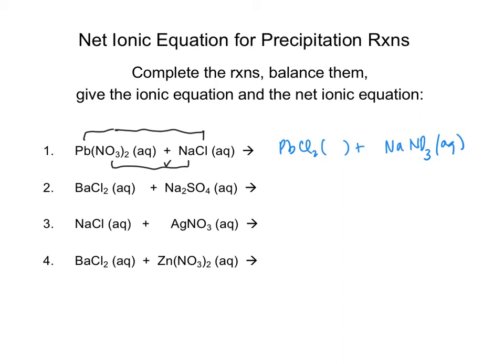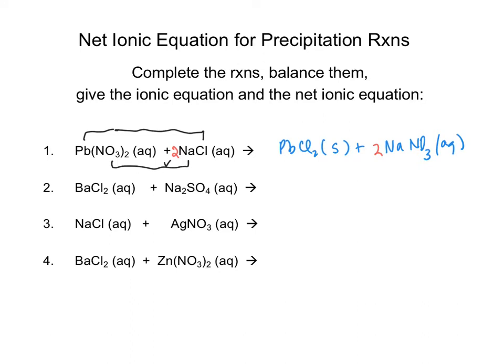Sodium will be soluble and nitrate will be soluble. And you'd want to go to your table, and if you did, you would find that lead chloride is a solid. All right, and then the last thing is to make sure it's balanced. To get the 2 chlorides on the right, for lead chloride, you're going to need a 2 right here. That means you're going to need 2 sodiums, and you got 2 nitrates already.